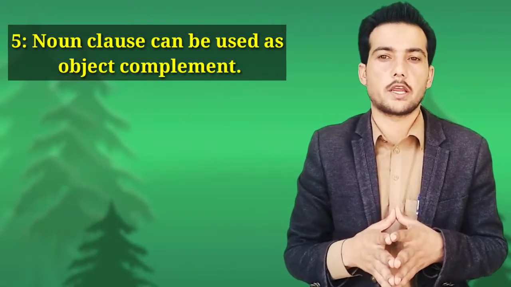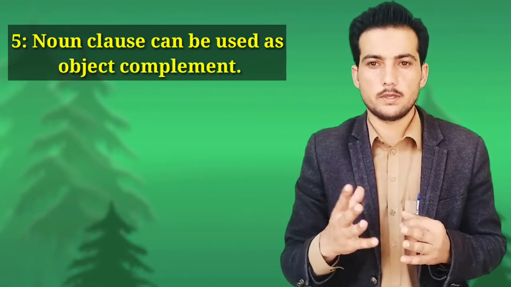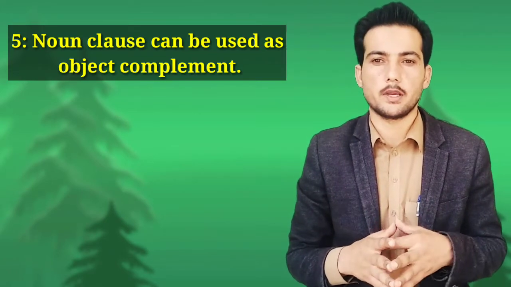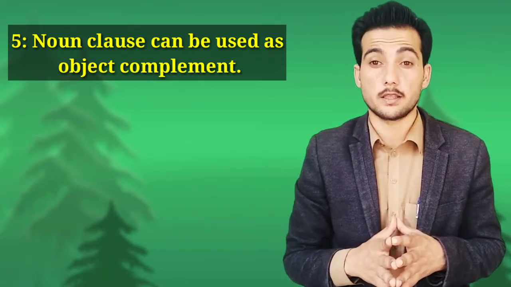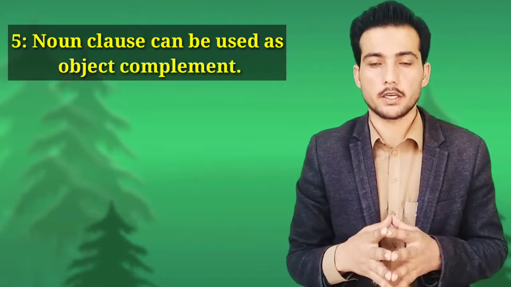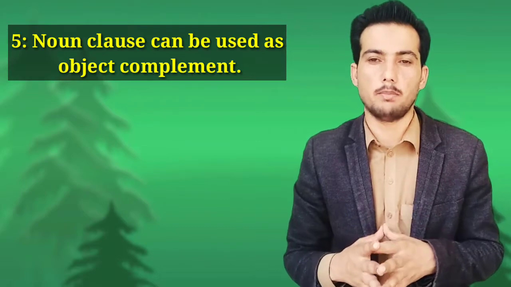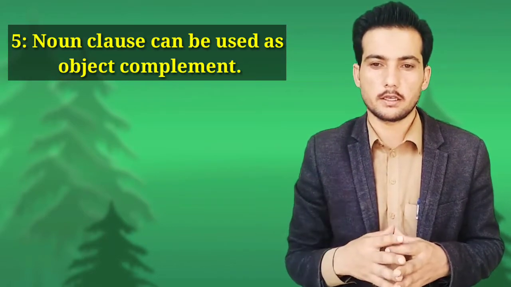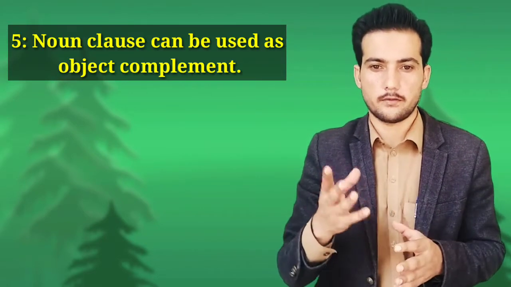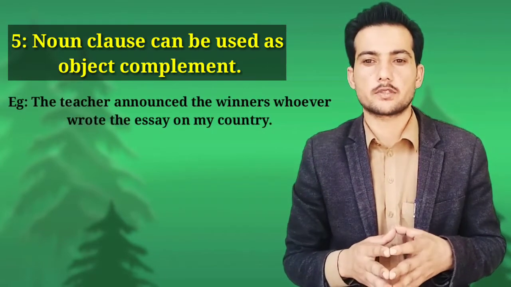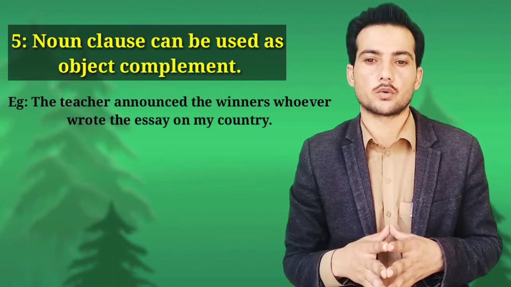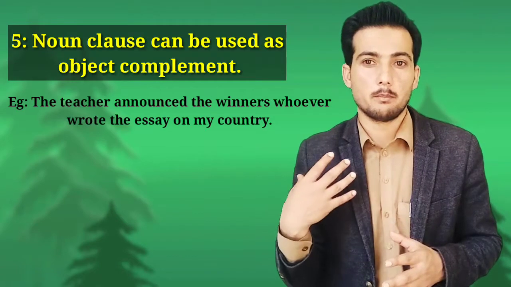Noun clause can be used as object complements. As we said earlier, a noun clause can be a subject complement, and a noun clause can also be an object complement. It means that it can provide information about the object, and it can also complete the object. For example, the teacher announced the winners, whoever wrote the essay on my country.